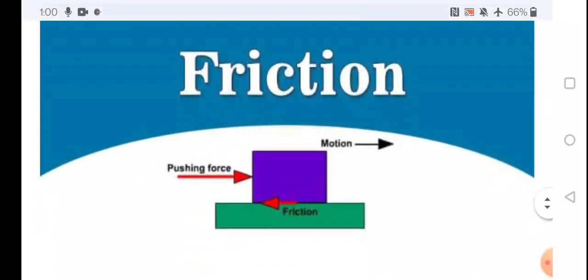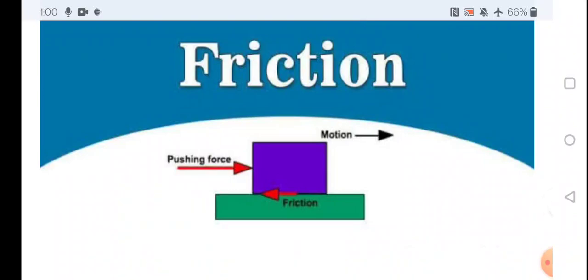See the picture. The blue one and the purple one and the green one are the objects. Both are moving. The pushing of the purple is in one direction, but the friction is in another direction.